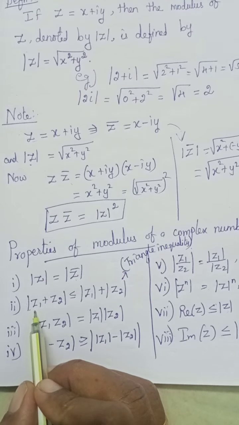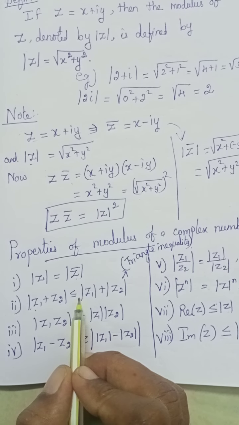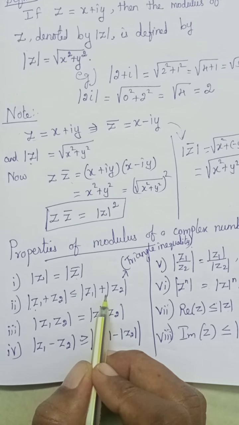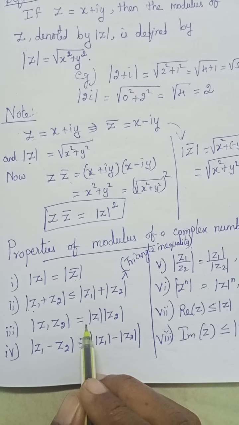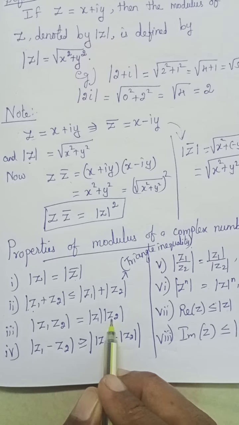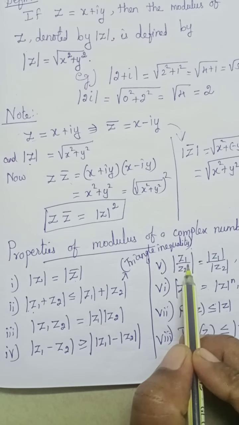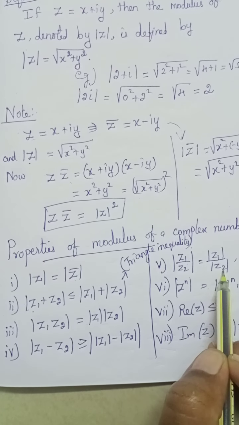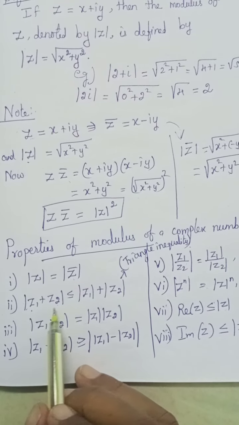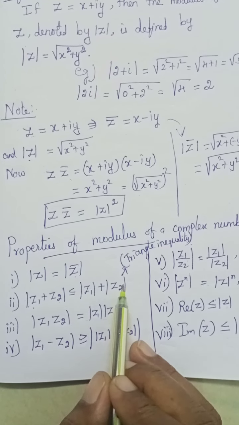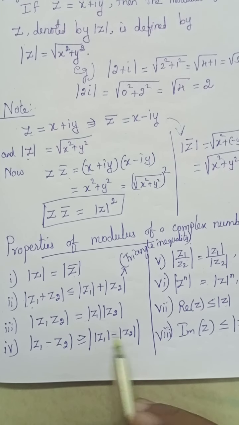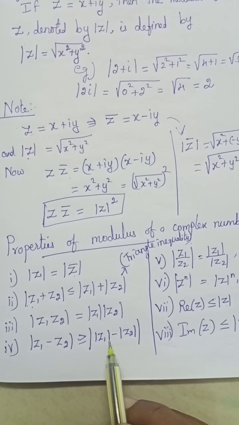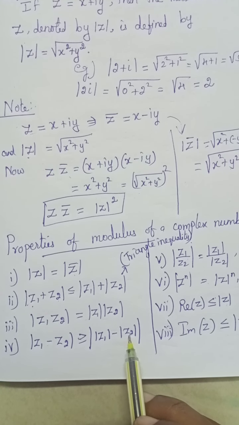When we multiply, it is equal to modulus z1 into modulus z2. When we divide also, we get modulus z1 by modulus z2. But when it is plus, it is less than or equal to. If it is with minus, it is greater than or equal to the modulus of modulus z1 minus modulus z2.